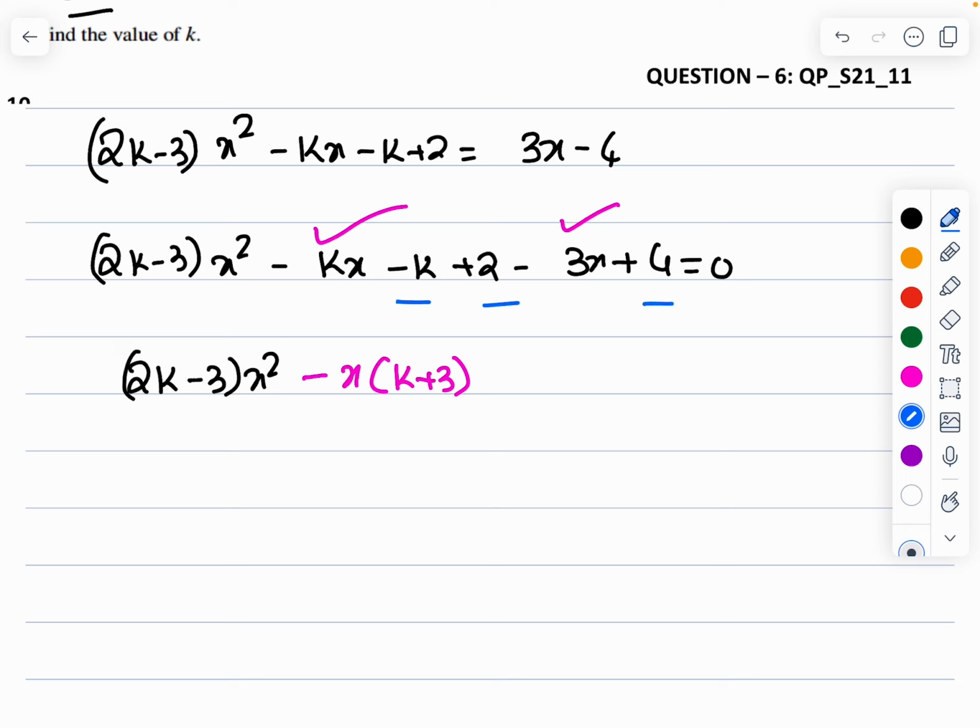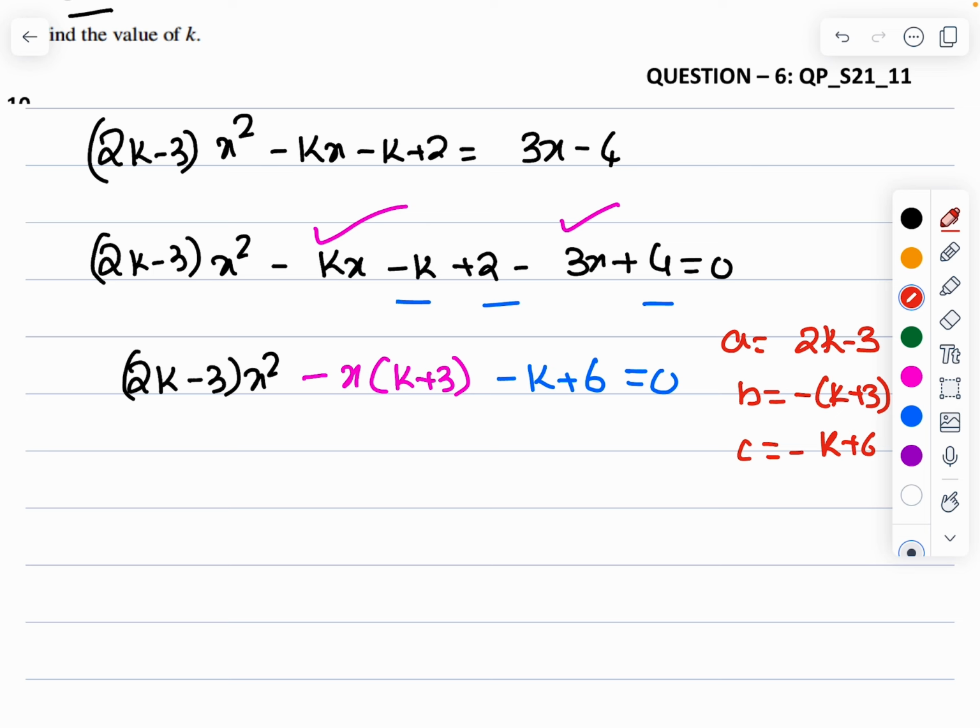Then these are all like terms, so it becomes −k + 6 = 0. So what's a? a is 2k − 3, b is −(k + 3), and c is −k + 6.